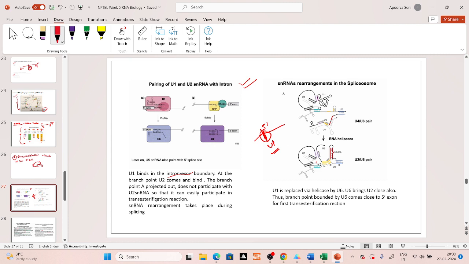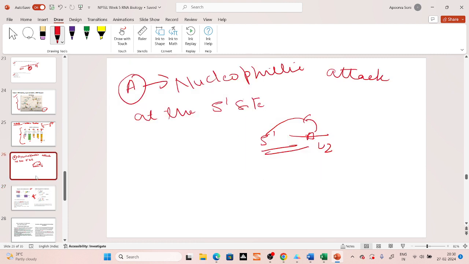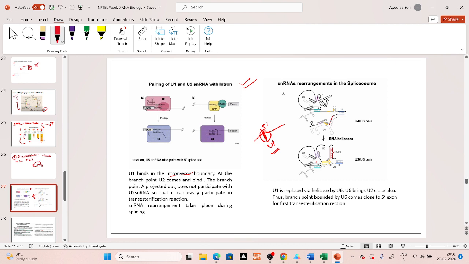So you can say that the binding of U1 and U2 is actually helping the branch point A to come near to the 5 prime splice site so that the trans-esterification reaction can take place. This is what has been shown with the help of a figure.